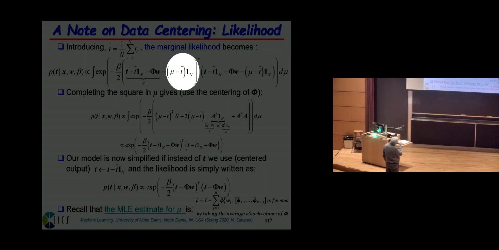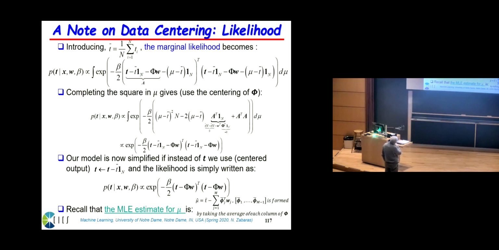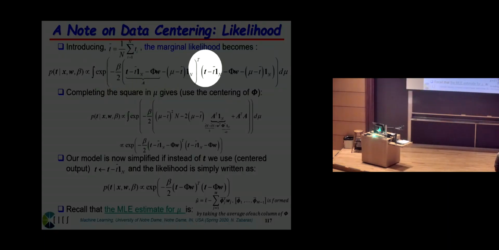And this equation looks complicated because I subtracted and added the average of T for a reason that we will see shortly. There's nothing, this equation is identical to what I had before, times a uniform prior for mu, and then an integral over mu, so I can compute the marginal likelihood.